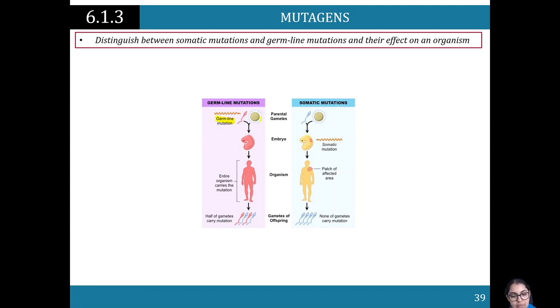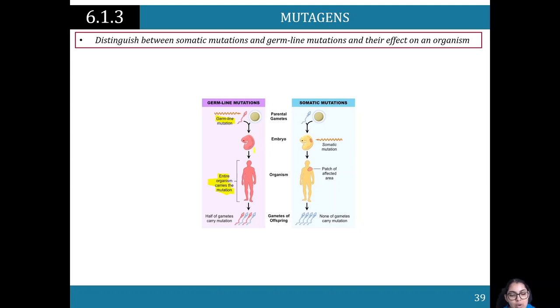For example, these are the parental gametes. They're going to fertilize. There's a trait that's carried in the mother's chromosomes here, in the egg, and so when fertilization occurs, there's an embryo, the entire organism is going to carry that mutation.